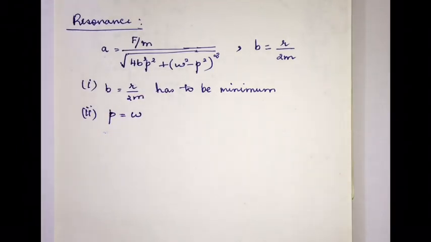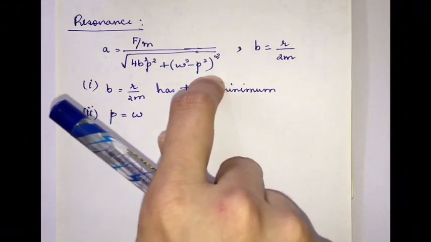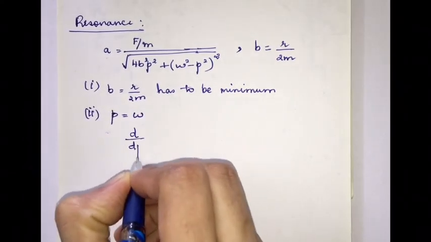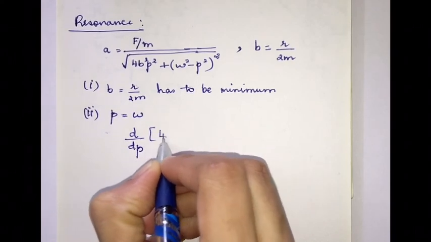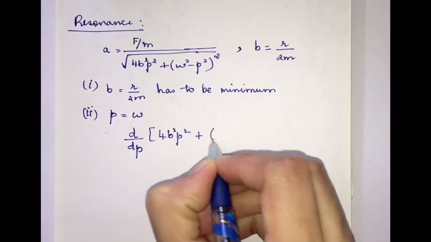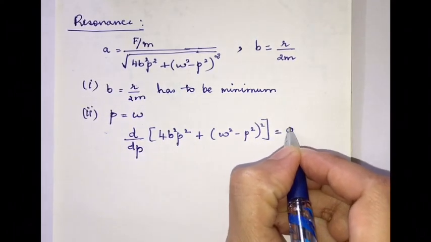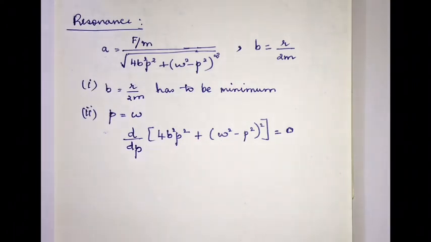In order to prove that, we know that as per the rules of differential calculus, the differential coefficient of any function will become 0 both at its maximum and its minimum. Hence, let us see the differential coefficient of this function to become minimum. Differentiate the denominator with respect to p, 4b square p square plus omega square minus p square whole square, and the differential coefficient should be equal to 0.